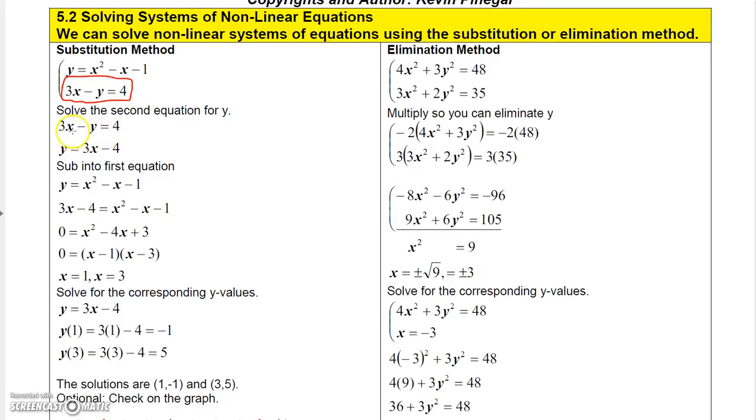You can easily solve that for y. Just trade sides with the y and the 4, and you'll get y equals 3x minus 4. Now, the first equation said y equals x squared minus x minus 1. Well, I can substitute the 3x minus 4 from up here into that, and then I'll get this equation.